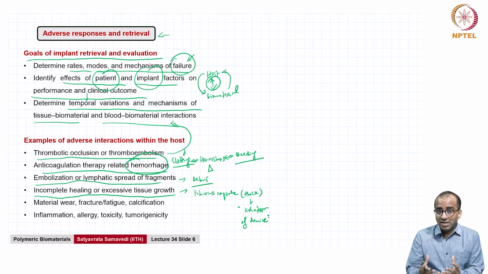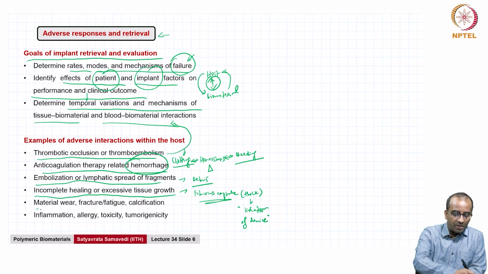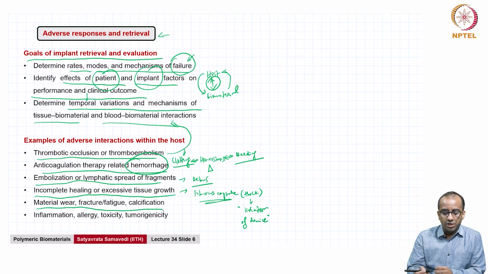So, FBR per se is not a problem, it is the severity of the FBR and the thickness of the fibrous capsule, as we saw in the last lecture. That is what dictates the eventual success or failure of an implant. So, a very thick fibrous capsule with a lot of foreign body giant cells is not good at all. Of course, you can have material wear, fracture, fatigue and calcification.